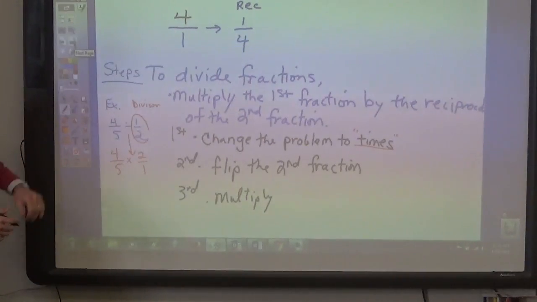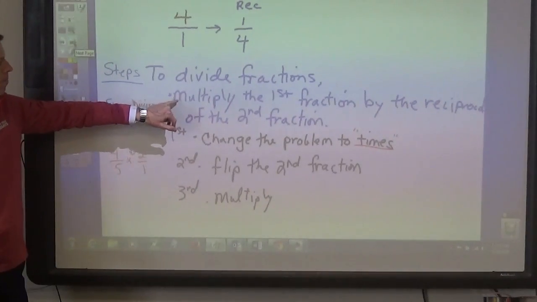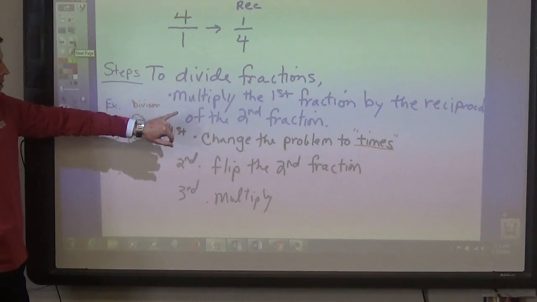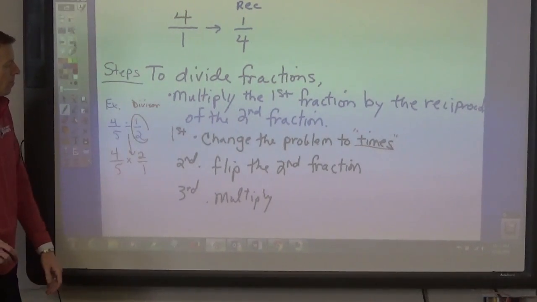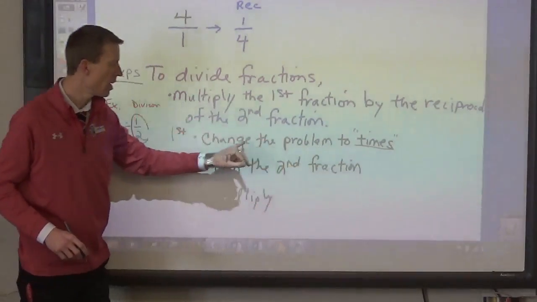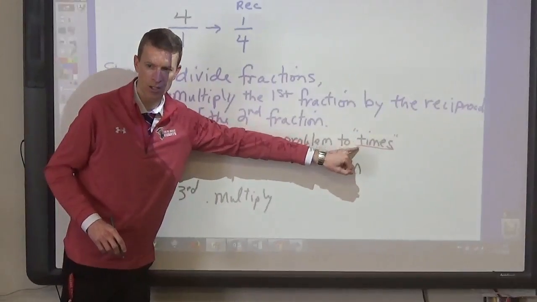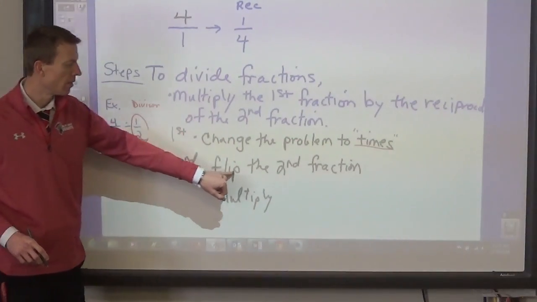Here's how you do it. To divide fractions, you multiply the first fraction by the reciprocal of the second fraction. So you change the problem to times, change it to multiplication, and then flip the second fraction.